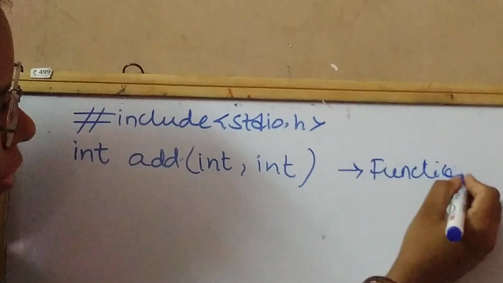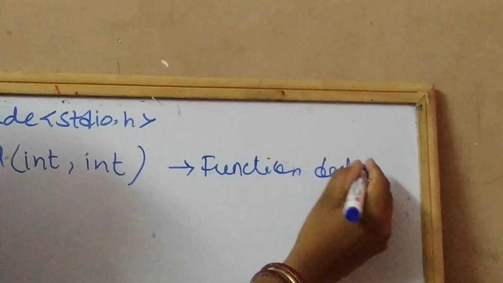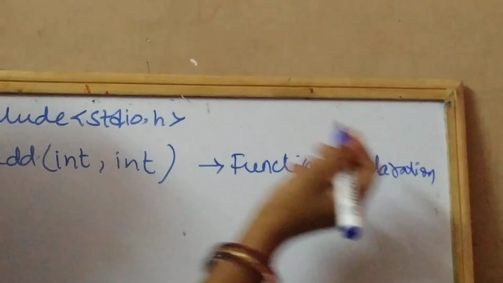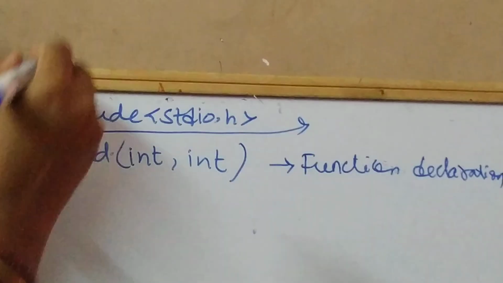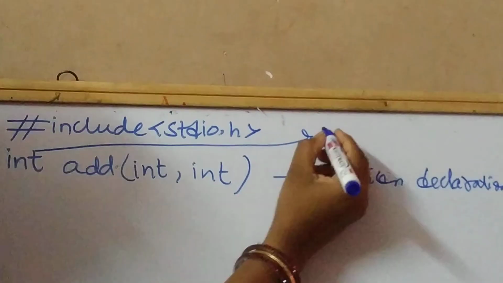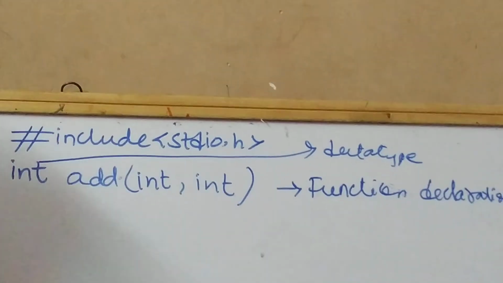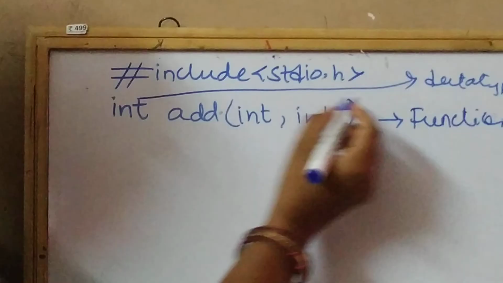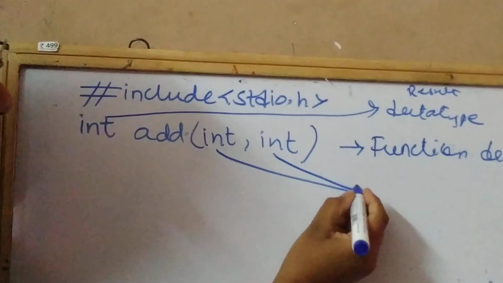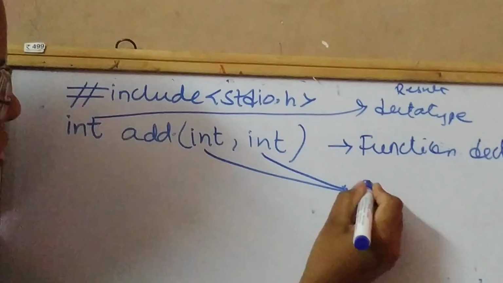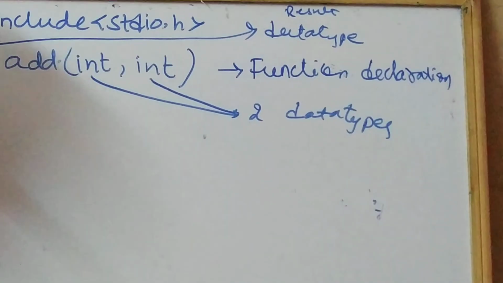Already I explained, we are going to declare a function above the main function. This is a function declaration and this int is a data type, so that the result will be int itself, and these two integer data types are the parameters.